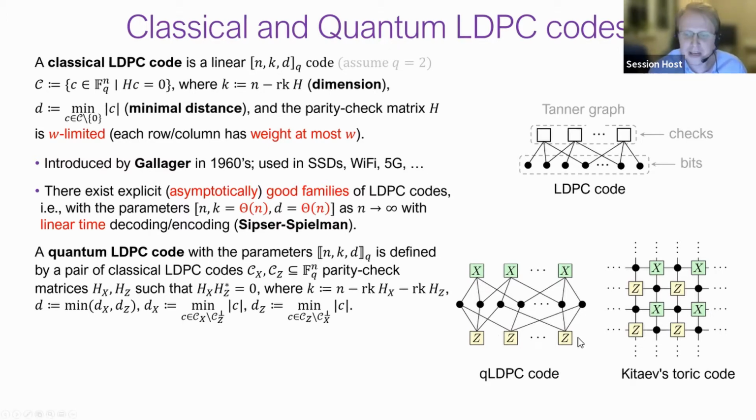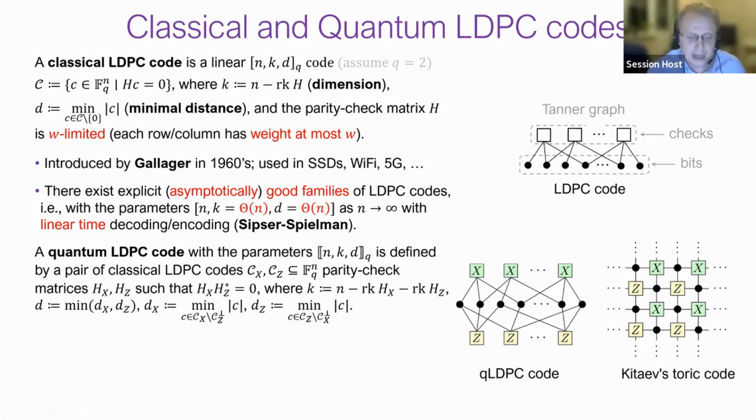And the famous example of a quantum LDPC code is, of course, Kitaev's toric code, which I assume many of you already know. And what is a quantum LDPC code? As in the classical case, we say that this code is LDPC if all qubits participate in a constant number of checks, either X or Z, and in each check we have only a constant number of qubits.